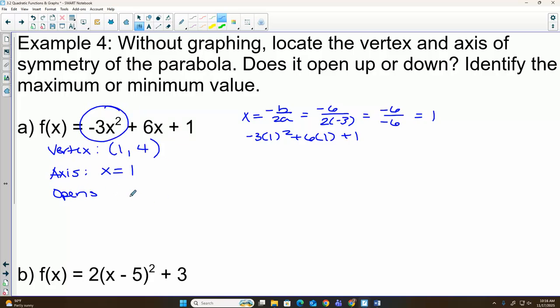Since we have a negative on the x squared, it will open down. So if it's opening down, would it have a maximum or a minimum? What is that maximum value? Good. This vertex is 1, 4. Your maximum is your y value, so your maximum is 4.